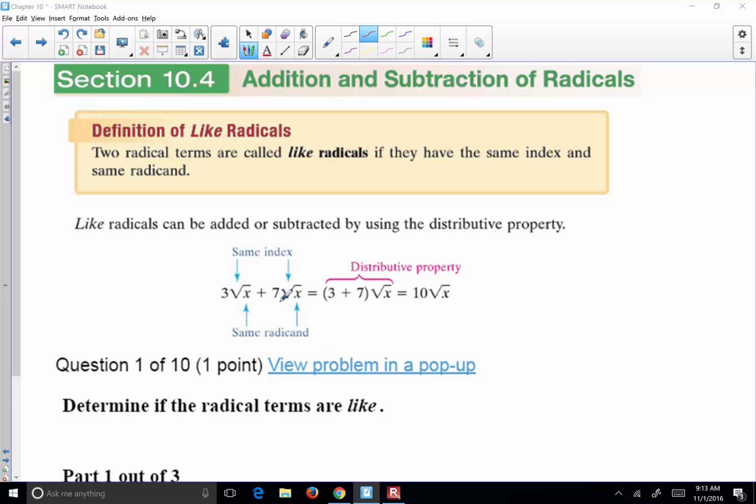Or let's keep them x, but make this a cube root. You cannot add them either, because this is a cube root, this is a square root. Now they are matching. I pull root x out, combine and make it 1 here, and add up the numbers in front. You're done.